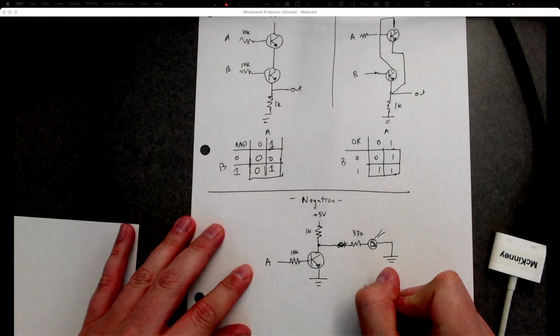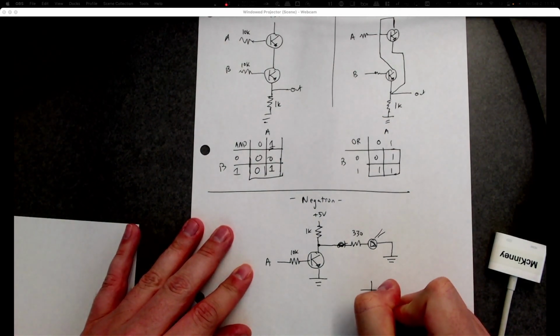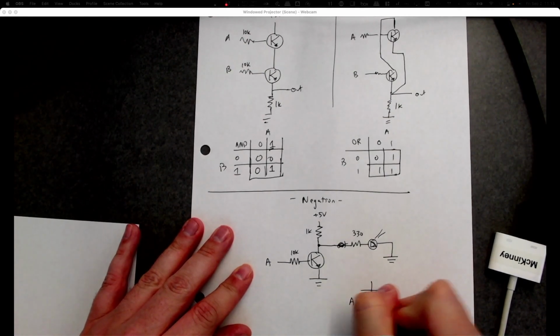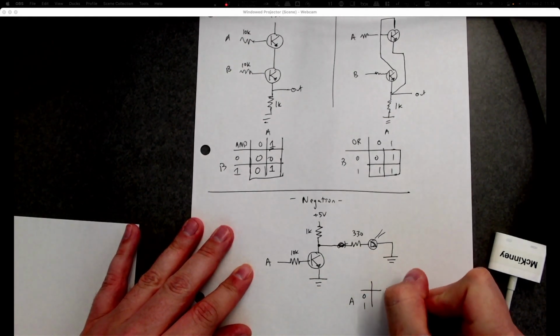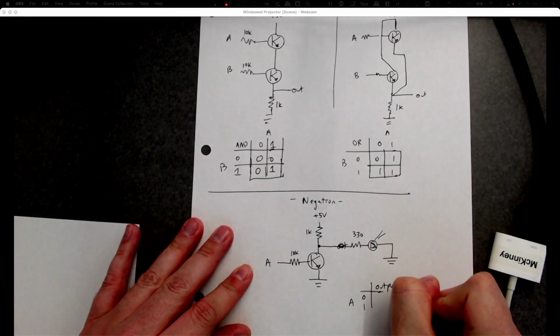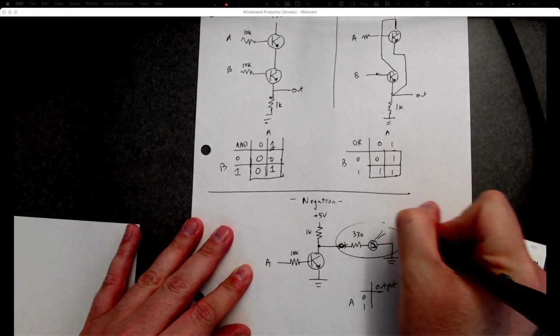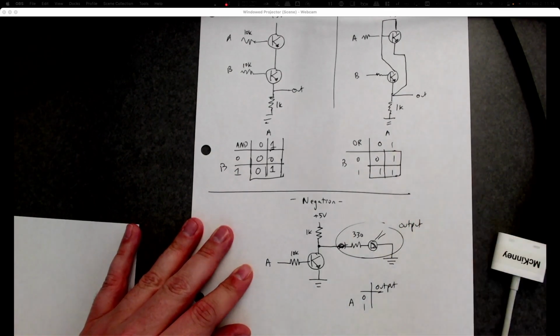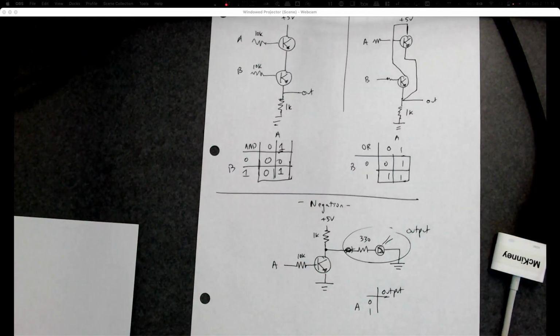Okay, so if I have here, what states could A be in? On or off, right? So we'll call this our output. Okay, so if A is 0, meaning off, then can current flow from plus 5 volts through the transistor to ground?